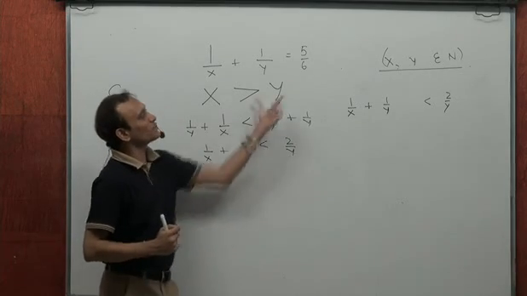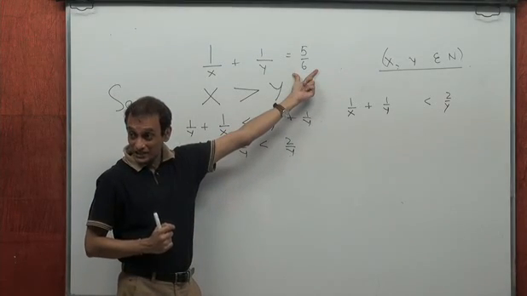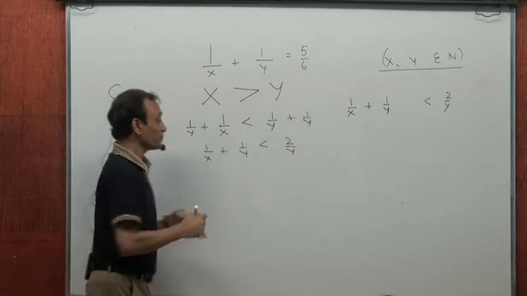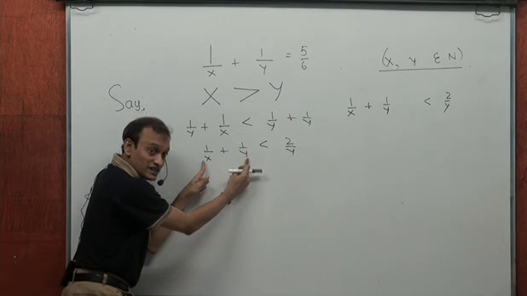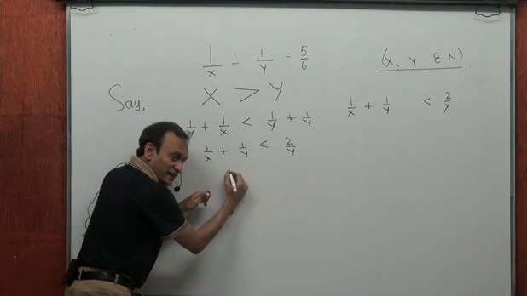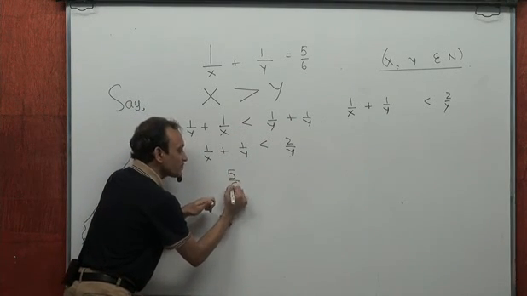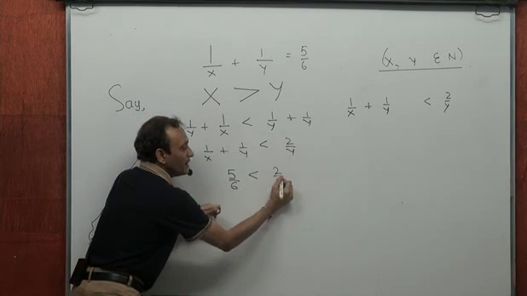But 1 by x plus 1 by y is 5 by 6. So I can write 5 by 6 less than 2 by y.